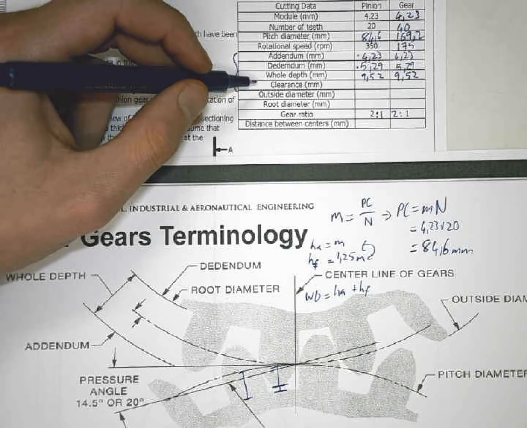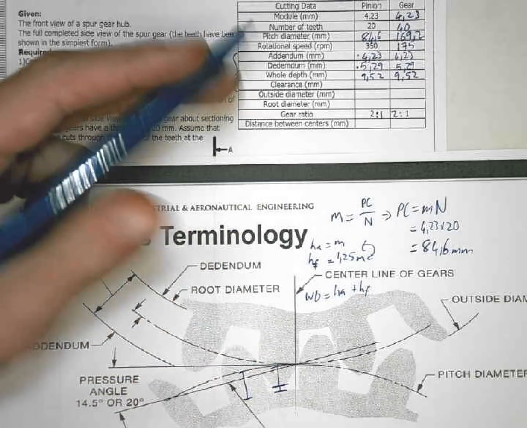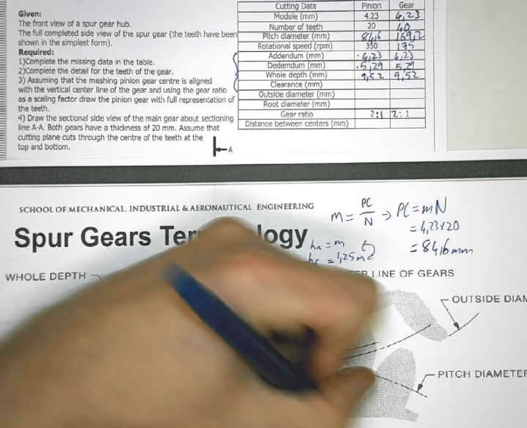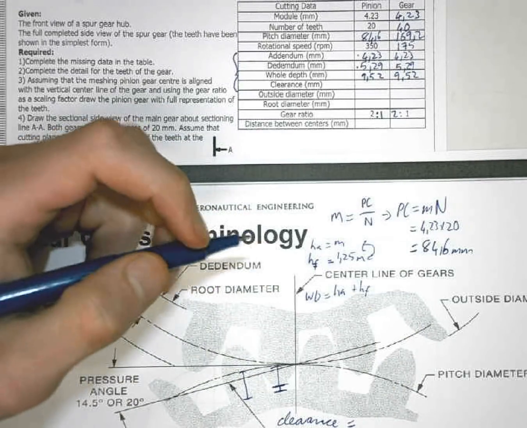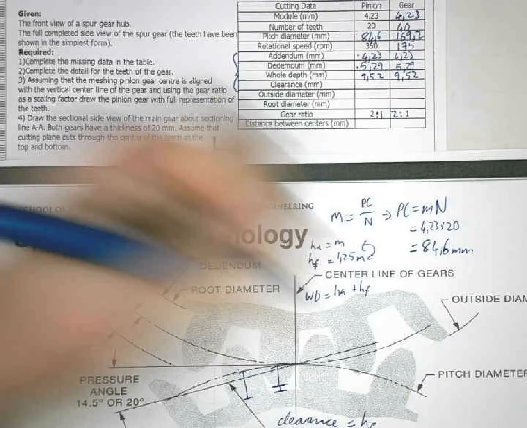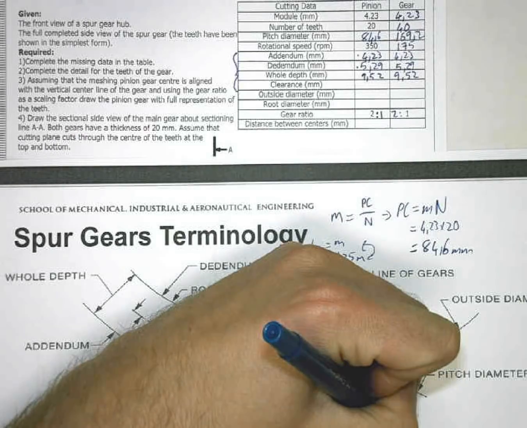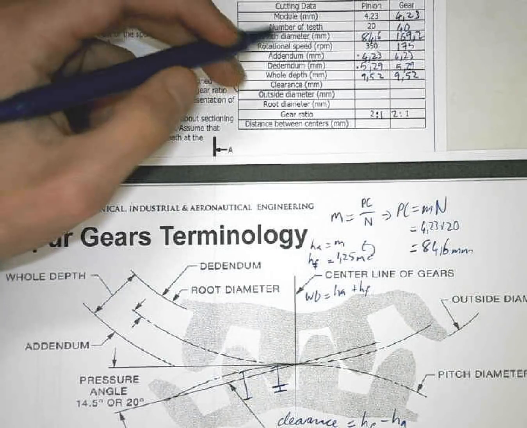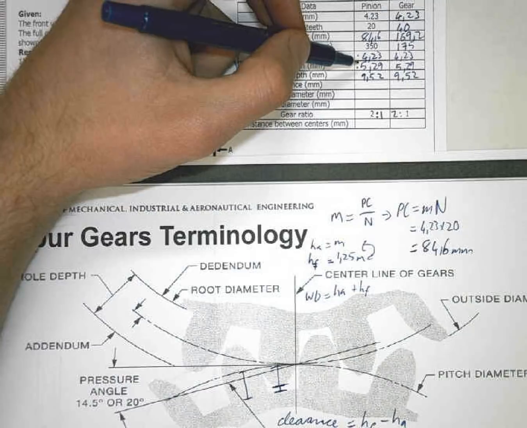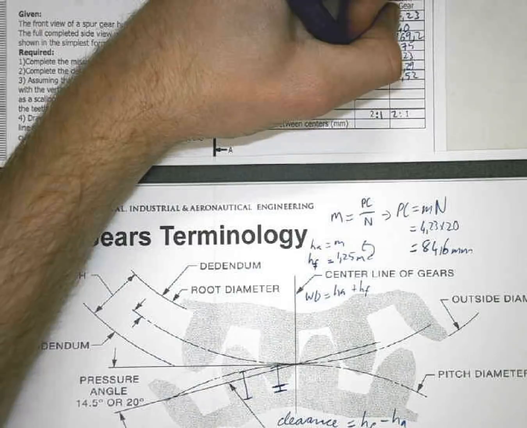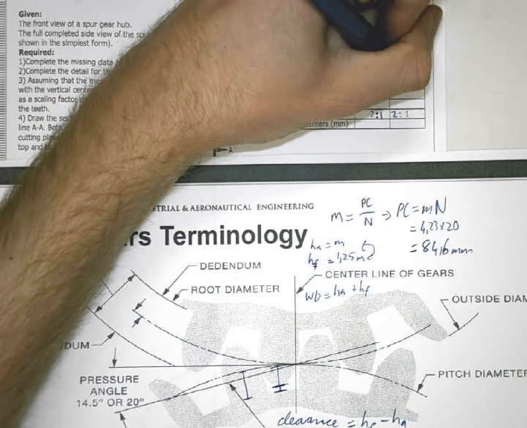So then our clearance will be your dedendum, HF, minus your addendum, HA. So what we get is 5.29 minus 4.23, and our answer is 1.06.